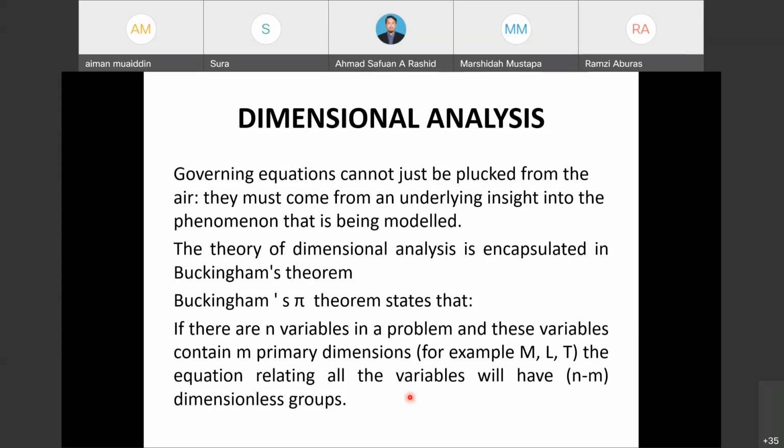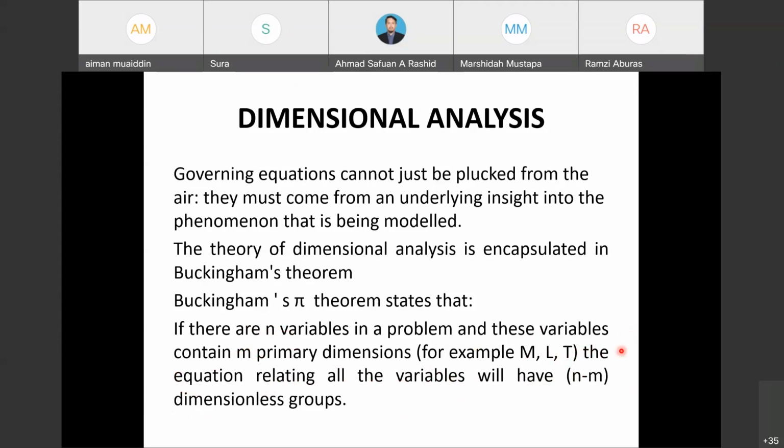So the Buckingham pi theorem states that if there are n variables, which is the number of parameters, let's say 9, and these variables contain m primary dimensions, for example MLT, based on Newton's second law, the equation relating all the variables will have n, the number of variables, minus m, the number of primary dimensions, dimensionless groups.